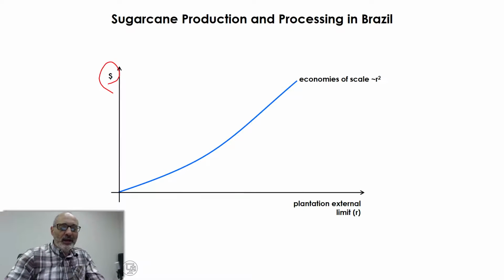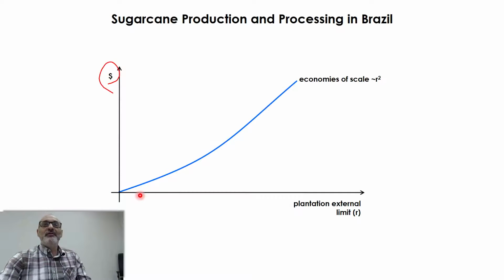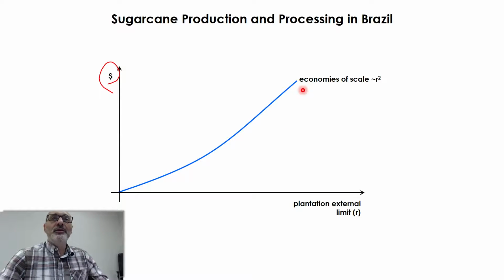So what about our revenues? The revenues that we can obtain from this system. Well, the revenues are proportional to the amount of biomass that you have for processing, and this amount is proportional to the plantation area, and the plantation area is proportional to R squared, to the area of the plantation.